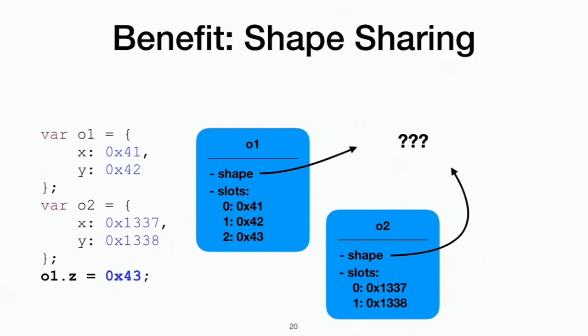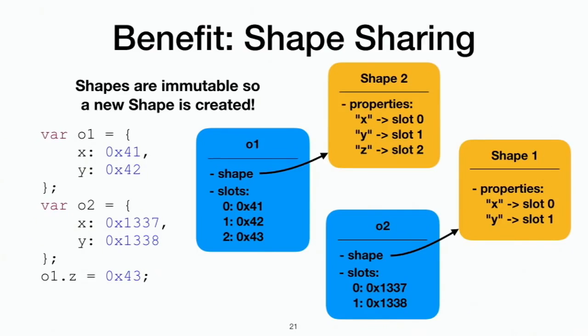So the next question is, well, what happens if you change one of those objects? So for example, here, if you add a third property to the first object, now those two objects can't really share this shape anymore because the second object doesn't have this property. So in this case, we have to separate those shapes again. Now there's two. One has 3 properties, the other has 2.